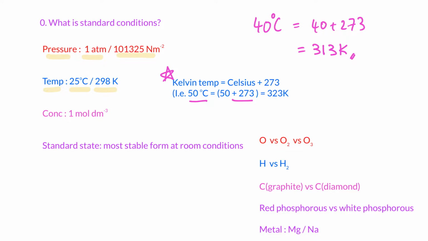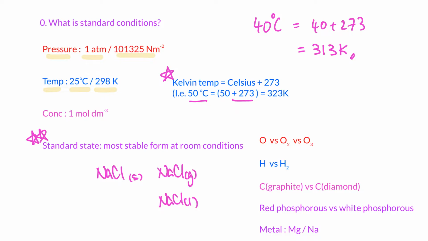For the standard state, this is the most important concept, because elements or compounds may exist in many different states. For example, NaCl can be solid, gas or liquid. For different states, the initial temperature will be different. Obviously, liquid sodium chloride will be at a higher temperature than solid sodium chloride.